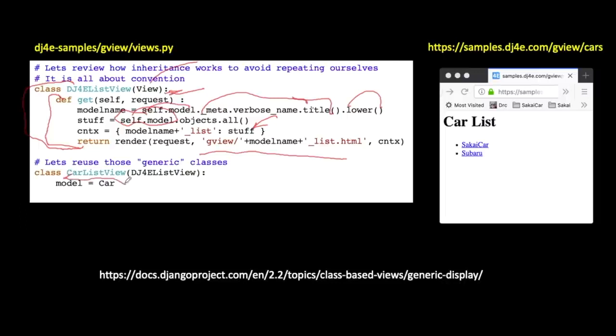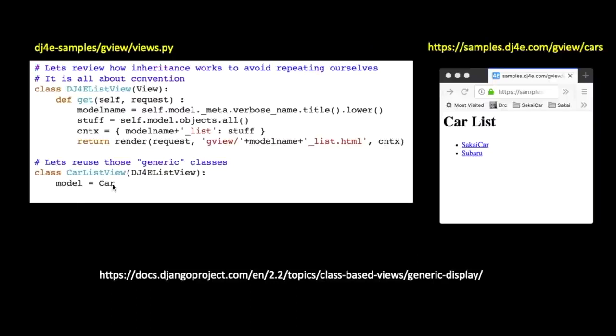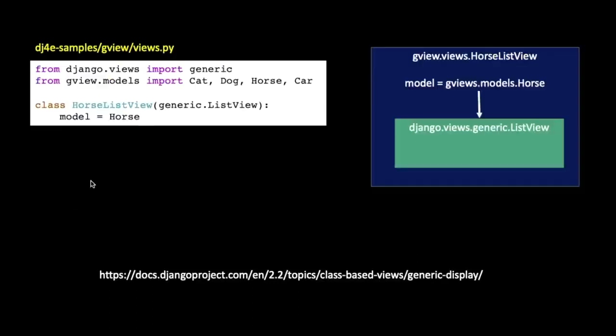I'm making a car list view that extends DJ4E list view, and the only thing I need to do to get all of this code in here is extend it, and then I do need to add model equals car.